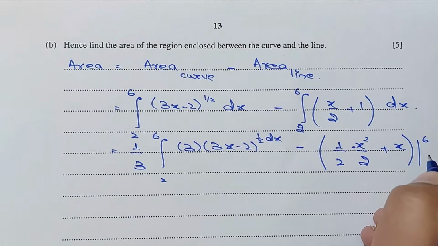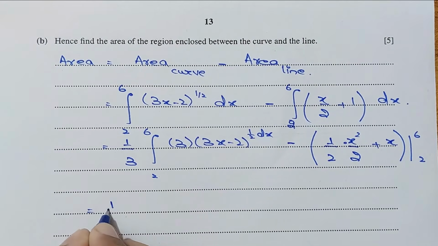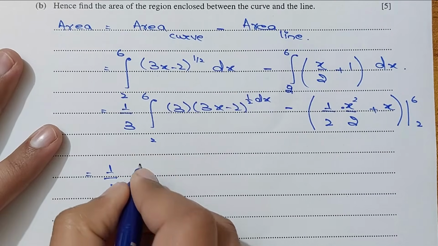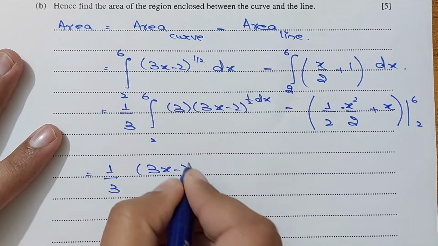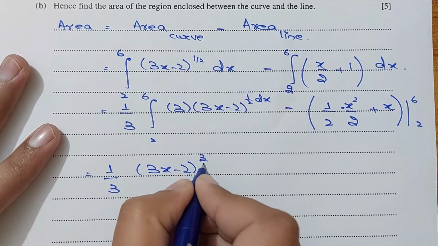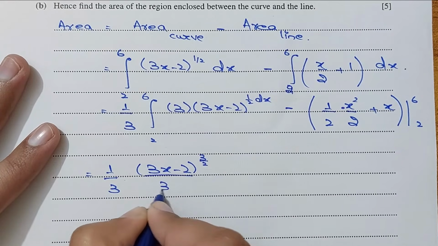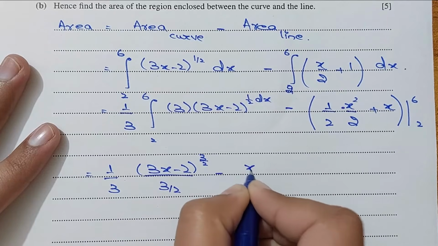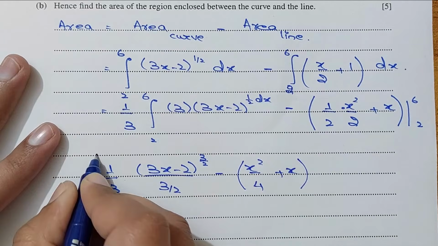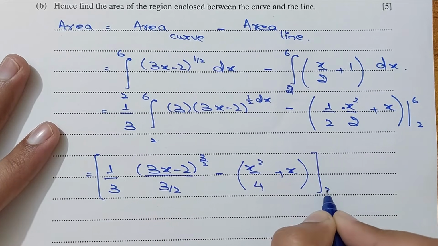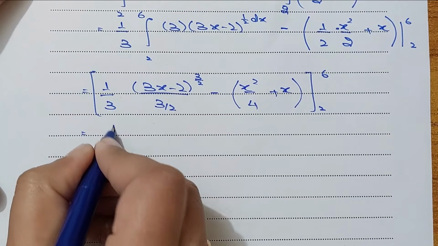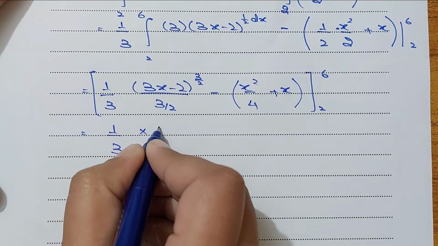Right? Okay, further simplification. We have 1 by 3, let me apply the power rule over here. Derivative is complete. (3x minus 2) power is n plus 1, 1 by 2 plus 1 is 3 by 2, divided by 3 by 2, minus x square by 4 plus x, and its whole integration is between 2 to 6, right? Now further simplification, 1 by 3 and 3 by 2 is just 2 by 3.